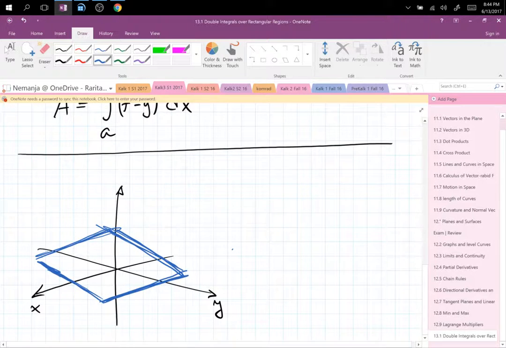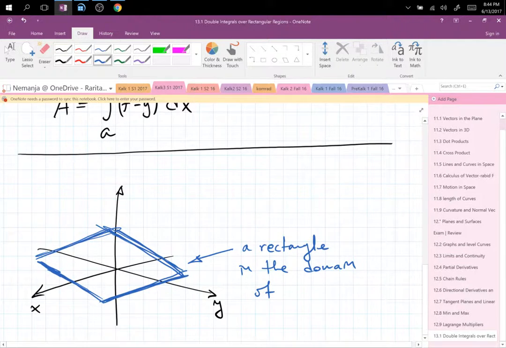So what you have here is a rectangle in the domain of f of x y. So we will be integrating over this rectangle.